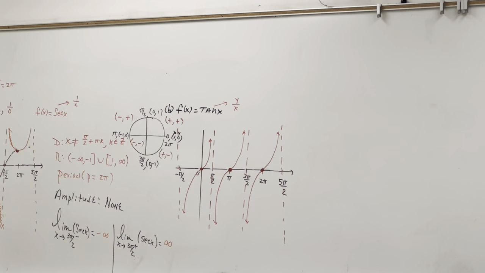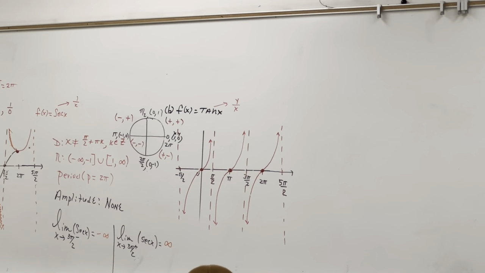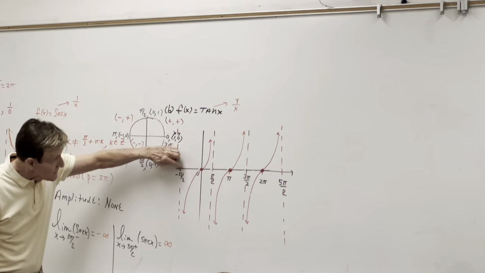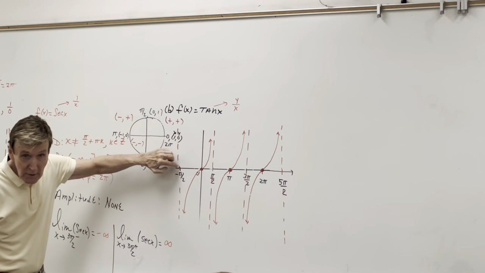So on the exam, let's see, it's going to be on Friday. Let's see if this is covered on Friday. You'll see the review. I think it is. You'll say, Professor, which one of those cycles should I work with to give me a tan graph? And I'm going to choose one for you for a reason. I'm going to choose this one, between negative pi over 2 and positive pi over 2.